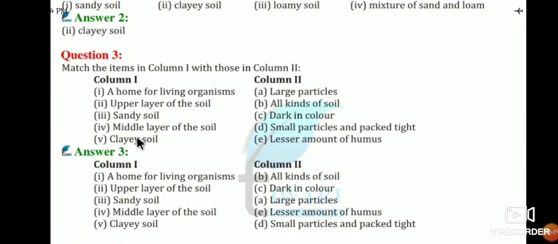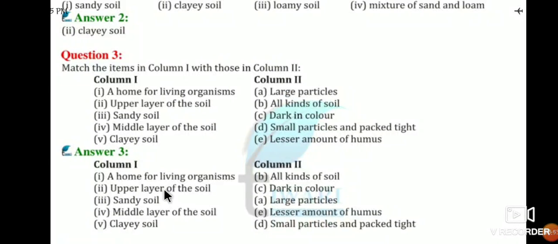In column 2 they have given: large particles, all kinds of soil, dark in color, small particles and packed tight, and lesser amount of humus. We have to match column 1 to column 2.